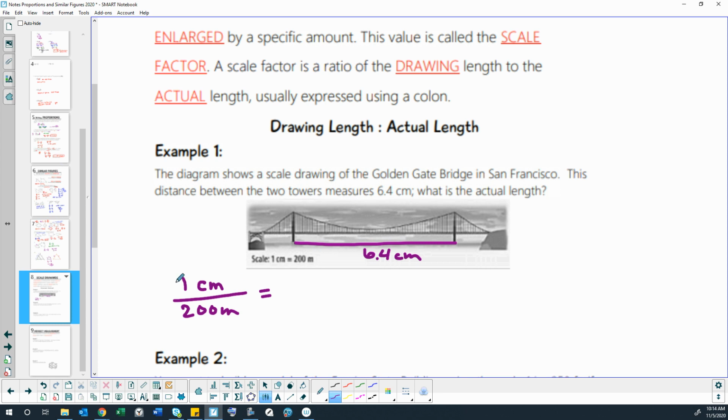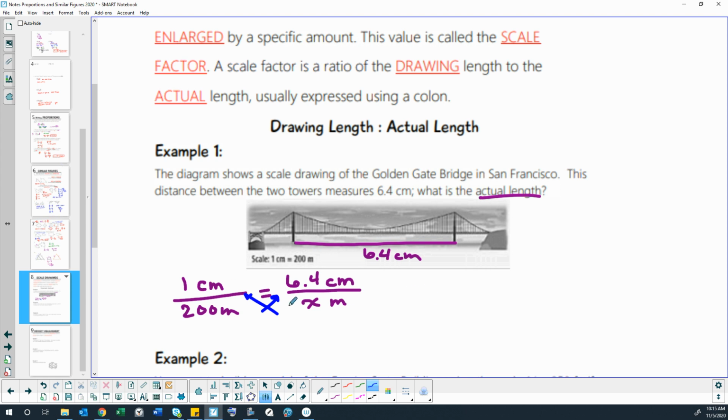Since the top of our ratio is in centimeters, and that's the scale part of our drawing, that means we're going to also put our 6.4 on the top of our ratio. Then we're trying to find the actual length. So the 1 centimeter goes to 200 meters in actual length. That means we're going to be finding the number of actual meters between the two towers of this bridge.